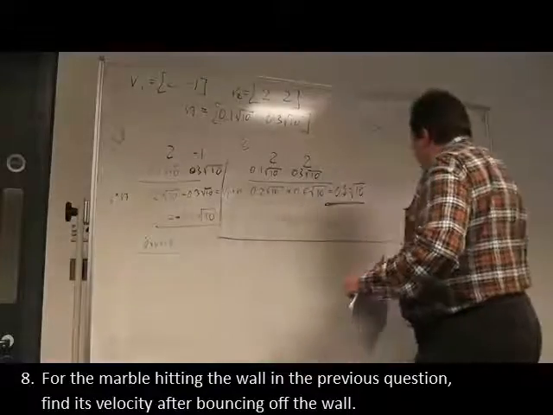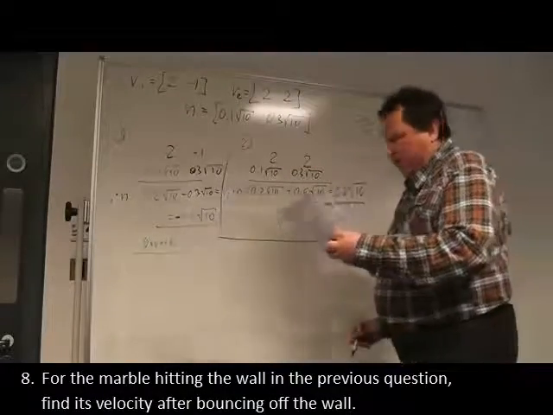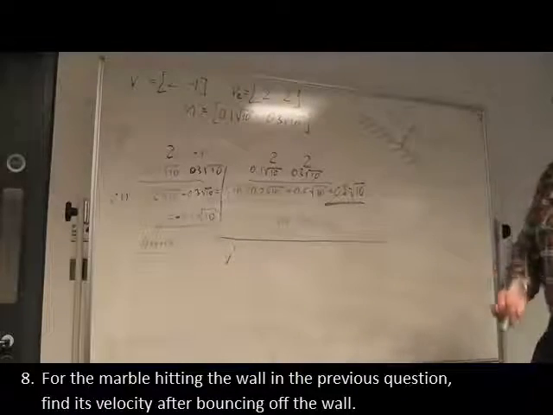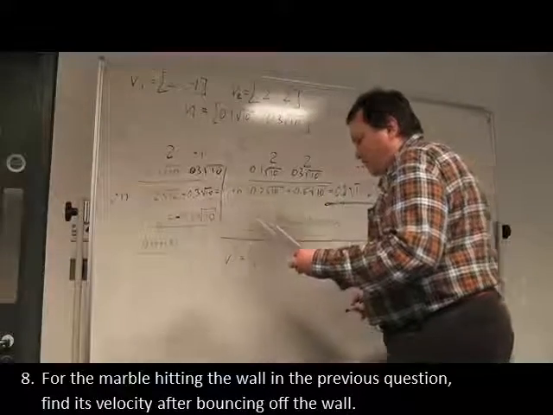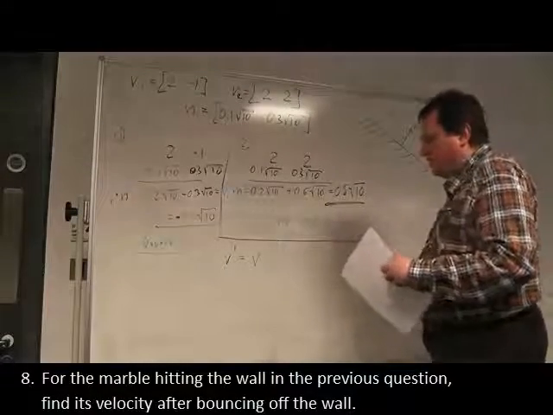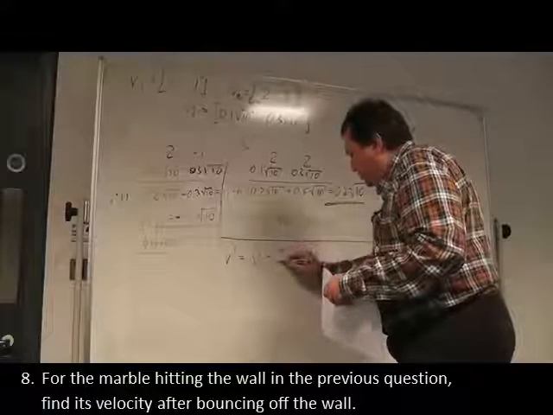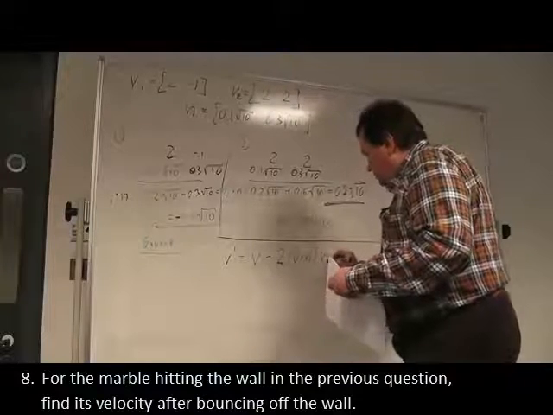So this exercise is actually a no-brainer. The velocity after the bounce is given by the formula: the initial velocity, minus 2 times v dot n times n.